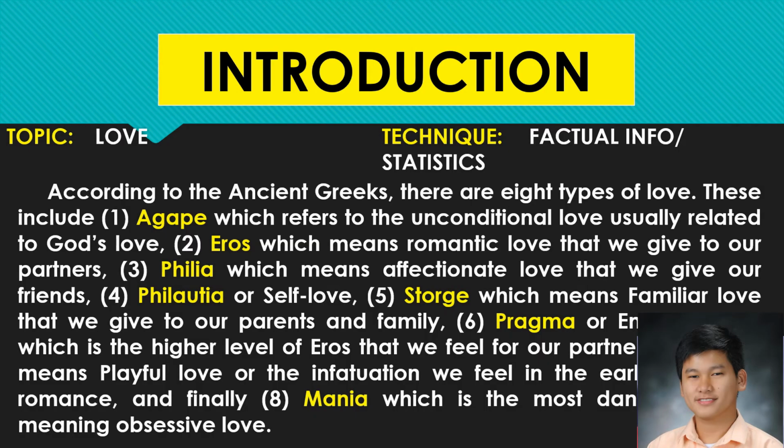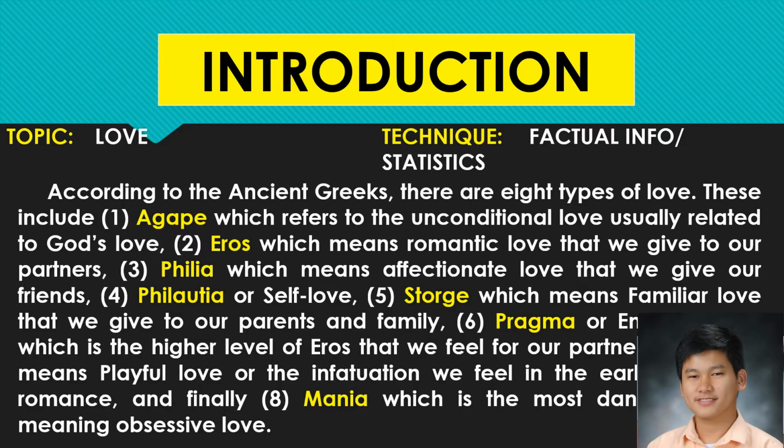Kaya nga maganda kapag gumagamit ka ng factual information or statistics. Yung mga 5 out, according to NBI, halimbawa, 5 out of 15 teenagers are involved in crimes in Metro Manila. So, nakakatalino siya, di ba? Yung mga statistics sa factual information or trivia.